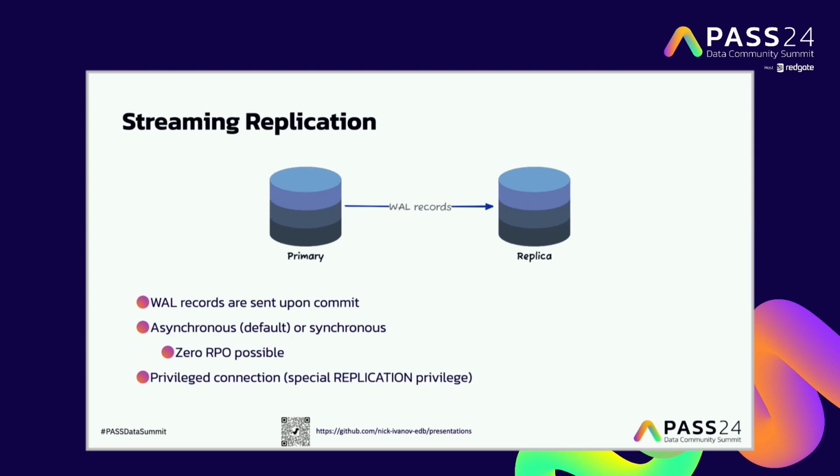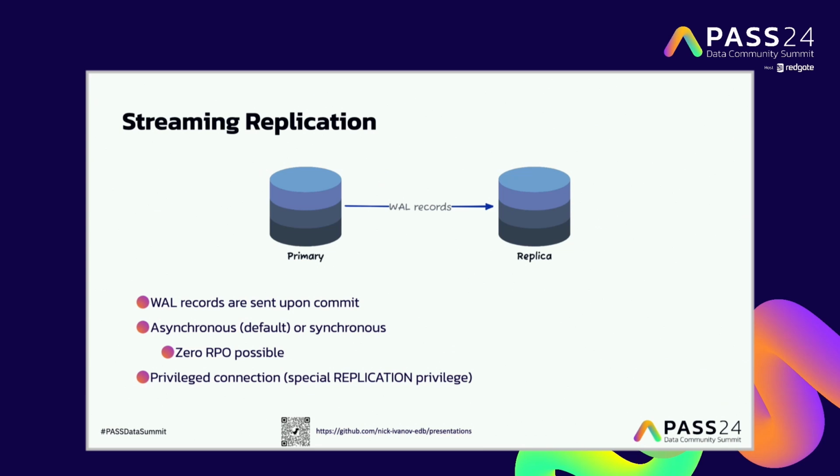With streaming replication, you remove that intermediary. You instead connect the replica directly to the primary and allow it to pull WAL records as they are being generated. So every commit sends a WAL record to the replica, which is immediately applied. So your RPO is reduced to the latency of this traffic between the primary and the standby, plus a little bit of overhead in writing the data on the disk.